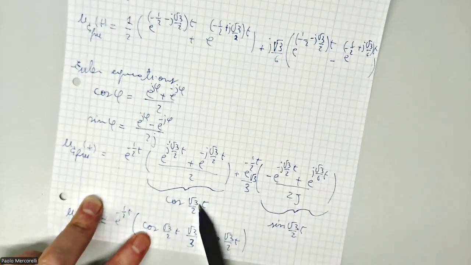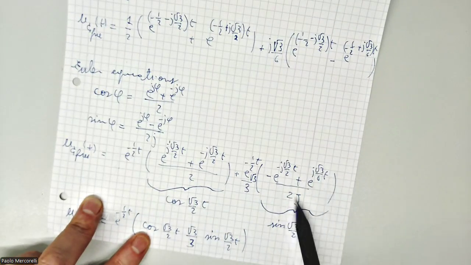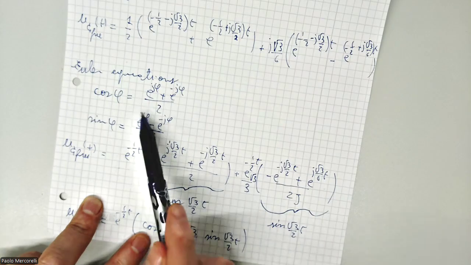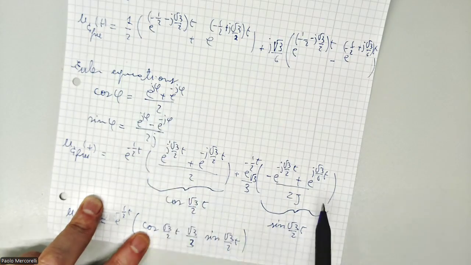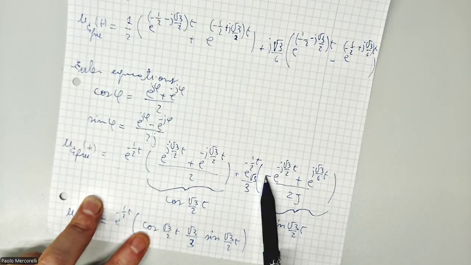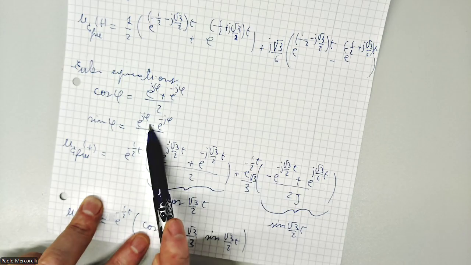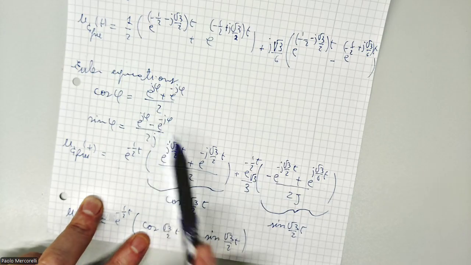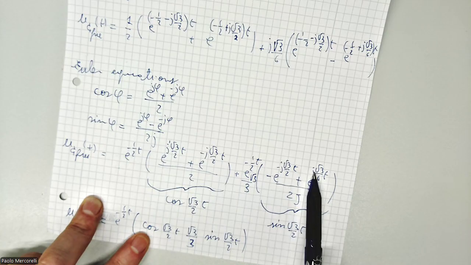Now, this I already explained. Why is this sine of root of 3 divided by 2? Because looking at this equation here, we have plus minus. Exactly here, minus in front of minus, plus in front of plus.